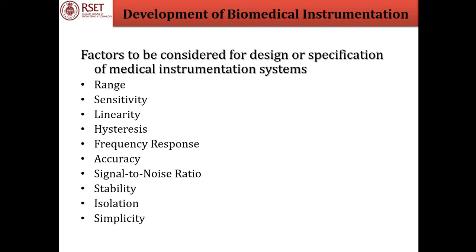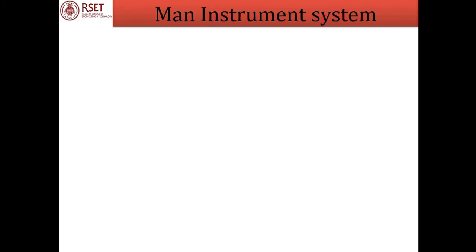And finally, the instrument should be as simple as possible to eliminate the chance of a component or human error. So these are the factors to be considered while designing a biomedical instrumentation system.